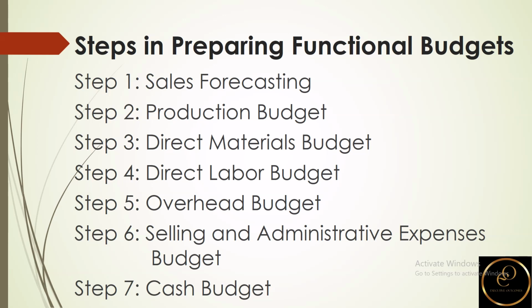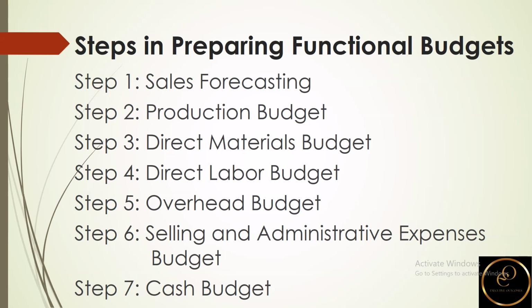When you are coming up with a production budget, you find that you could have started with a sales budget as the first budget to be prepared. The sales budget can be taken in certain cases to be the limiting factor. Why? Because you don't want to produce more than what you can sell.